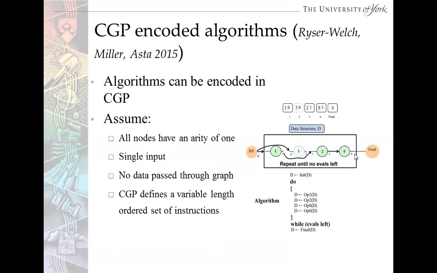Basically, you just use CGP to give you a combination of operations, which effectively represents an algorithm. You're making use of the fact that CGP has non-coding nodes, which can be ignored, and so you'll get a variable length list of operations, which you can apply to some sort of data structure, and it can represent basically an algorithm.